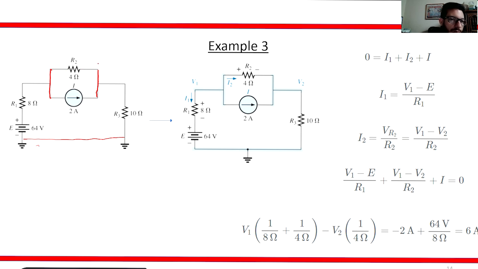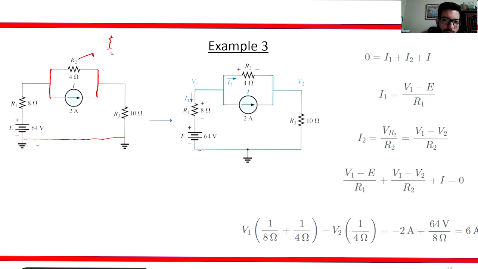If you don't want to use nodal analysis for this particular case, you can change this into an equivalent battery and a resistor, but we're trying to practice how to create equations with nodal analysis.